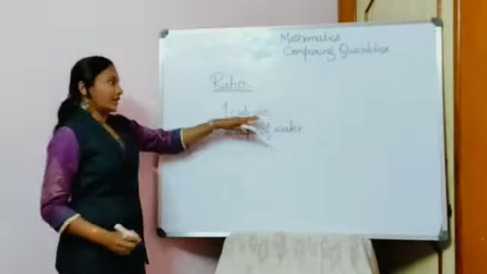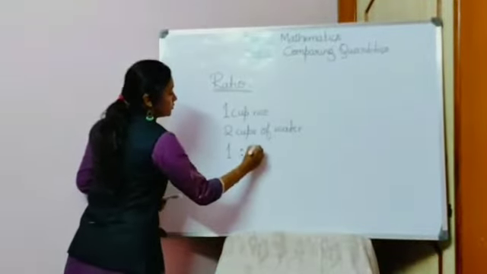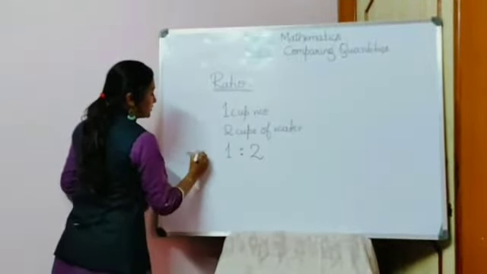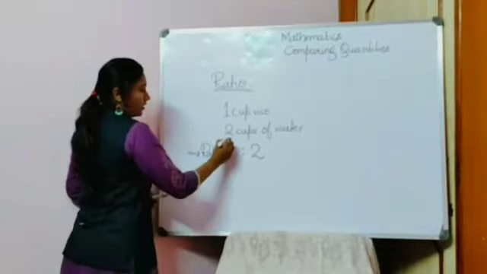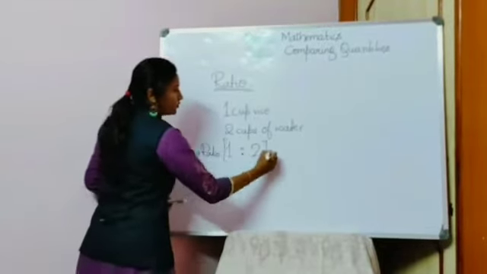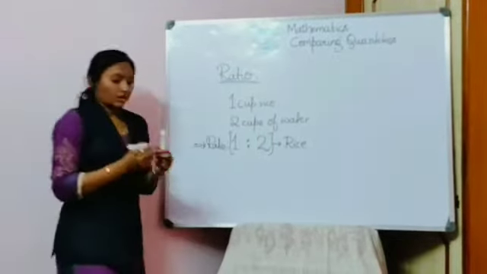So here the ratio of rice and water is 1:2. So this is the ratio of 1:2 to cook rice at home.